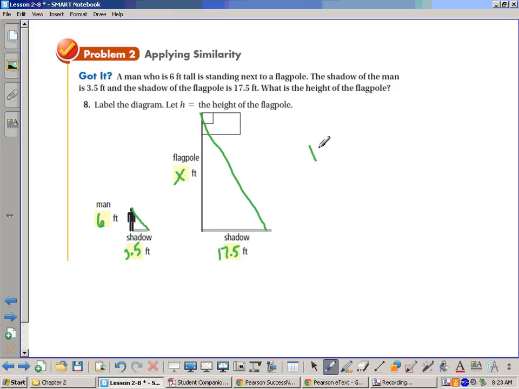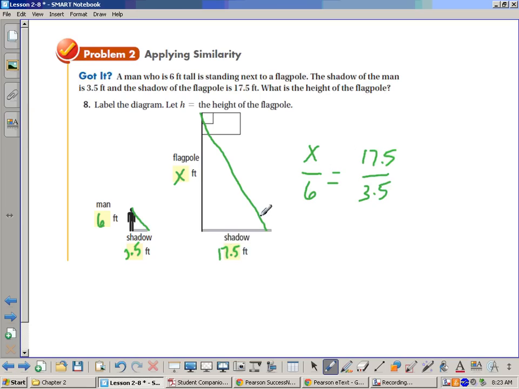So we would do that by just putting x over 6. The flagpole and the person's height would be in the same fraction. And then 17.5 over 3.5. So you have to be careful here when you're going to set up your second proportion. The two top numbers have to come from the same item.